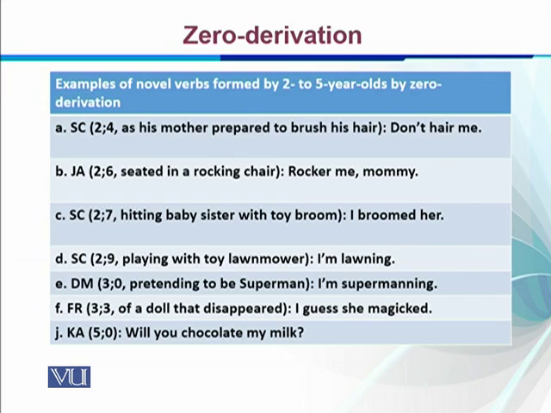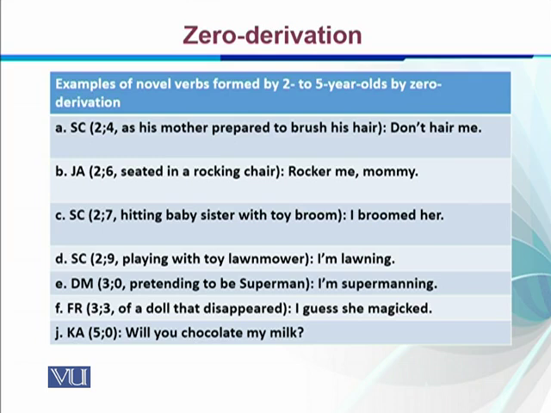For example, as his mother prepared to brush his hair, the child says, "Do not hair me. Do not brush my hair." So the word "hair" is used as a verb. Similarly, seated in a rocking chair, "Rocker me, mummy." So the word rocker is used in a very novel way.